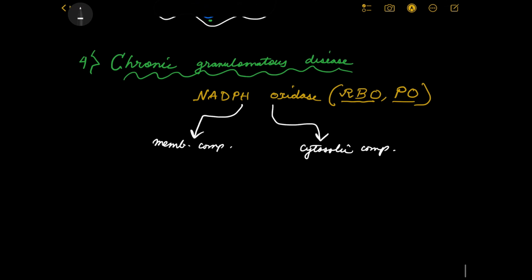It's very crucial that these two components are there in the first place and not just one, because NADPH oxidase is very important for the formation of highly damaging products, which can be very damaging for the cell itself.